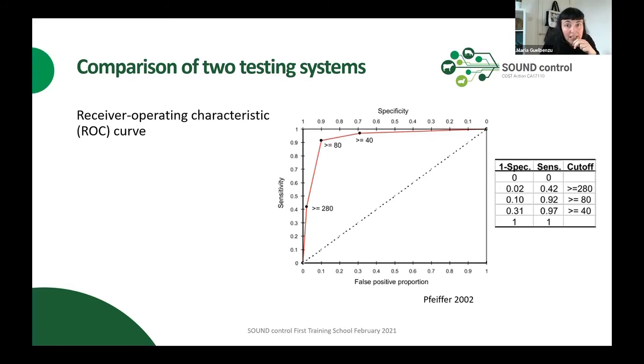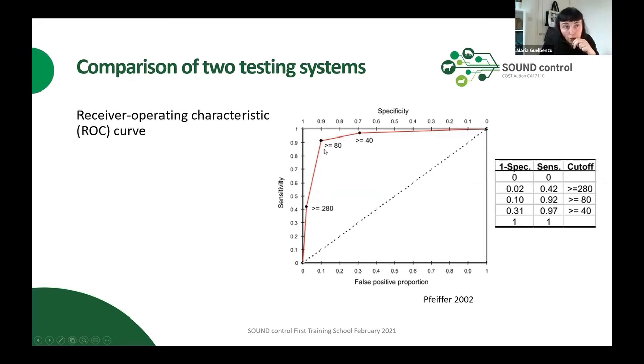So you can see there the different cutoffs and the actual sensitivity and the specificity that they will obtain. So the closer that our curve is to the left top corner, the better our test is going to be, because it's going to be closer to 100% sensitivity and specificity.